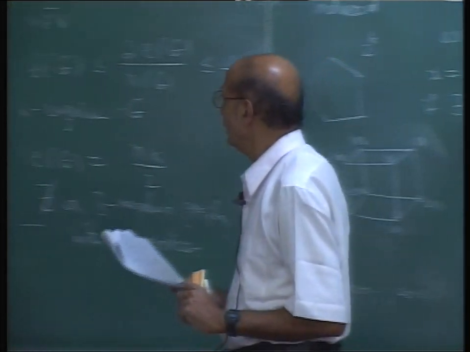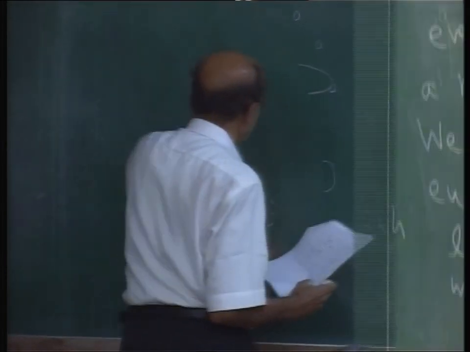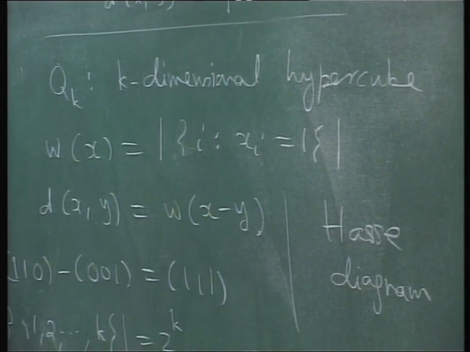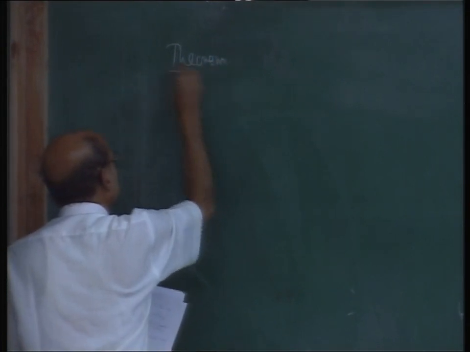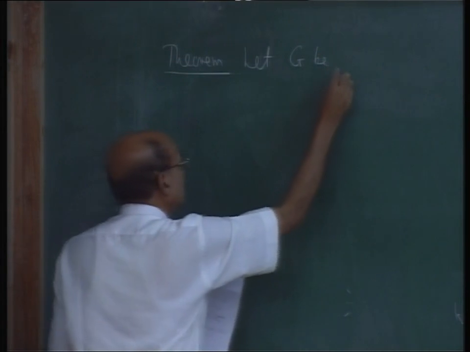One wants to say what minimum degree will force the graph to be connected. Let G be a simple graph.